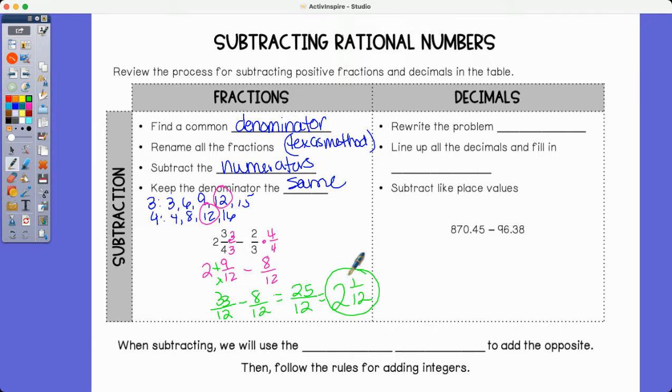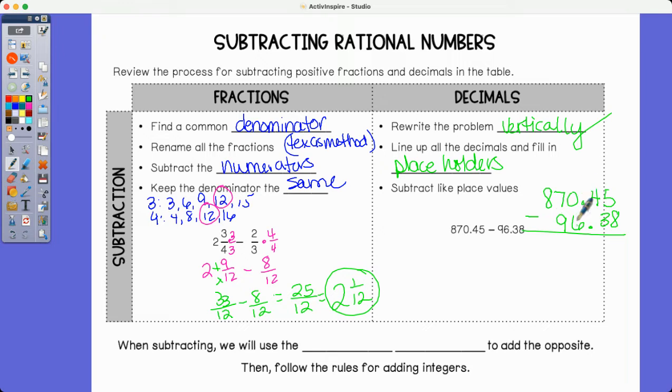Okay, decimals. Rewrite the problems vertically. Line up all your decimals and fill in your placeholders. Subtract like place values. So 870 and 45 hundredths minus 96 and 38 hundredths.